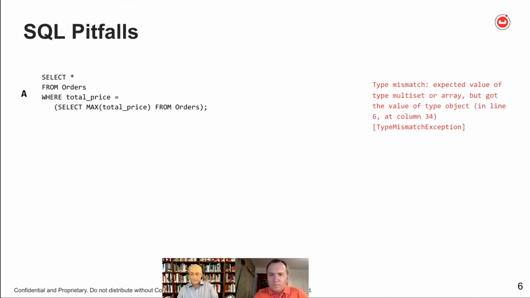And well, it's a relatively simple error, and the challenge here is that what happens in this query is that the orders that you see in the subquery is interpreted to be a field of the orders that you see in the from clause, which turns out to be an object and not a collection, and so therefore the query processor doesn't like this.